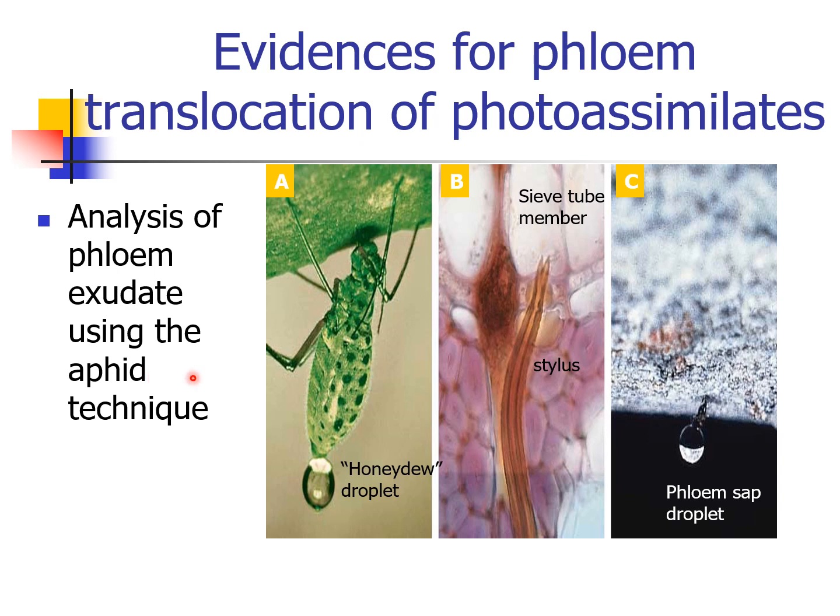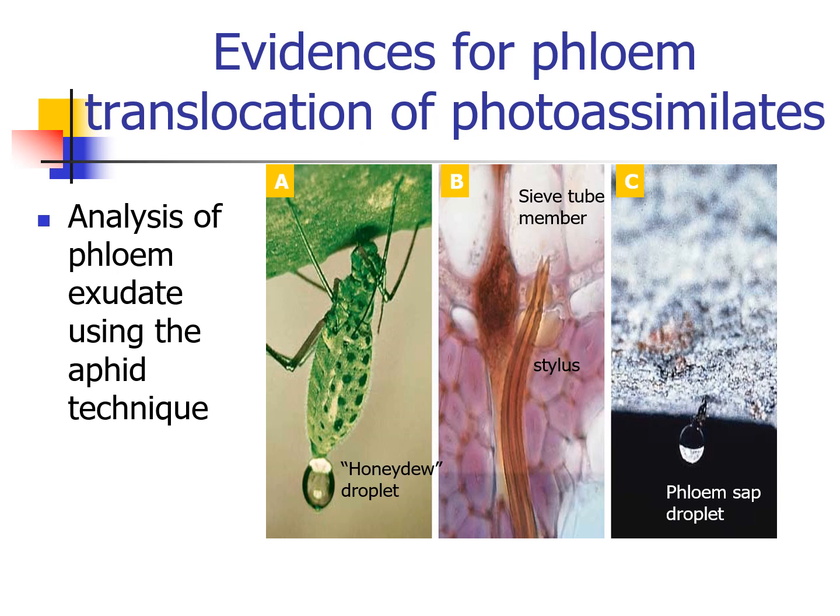Aphids are one of several groups of small insects that feed on plants by directly inserting a long mouthpart, the stylet, directly into individual sieve tube members.